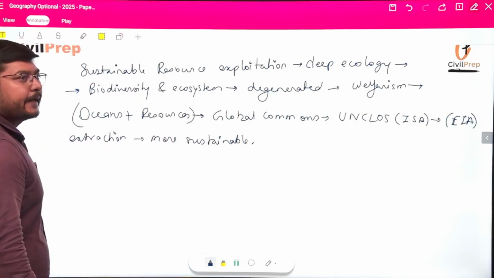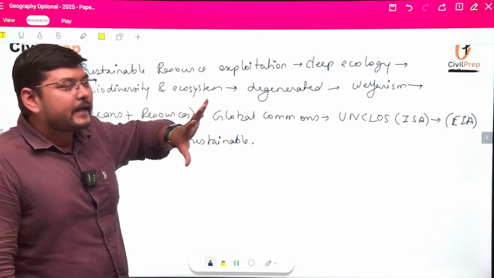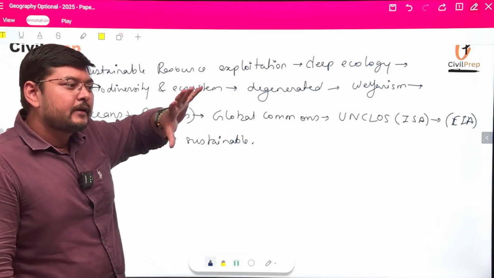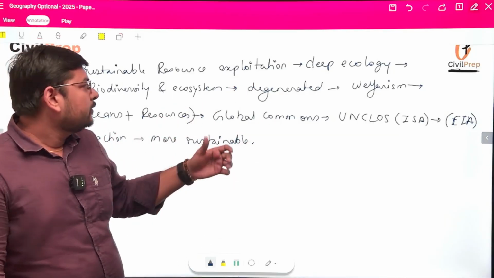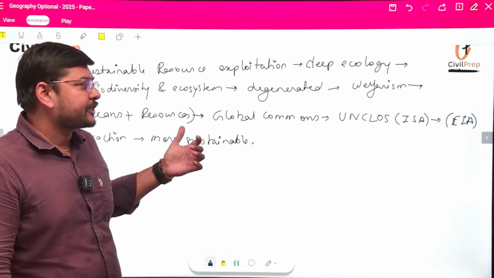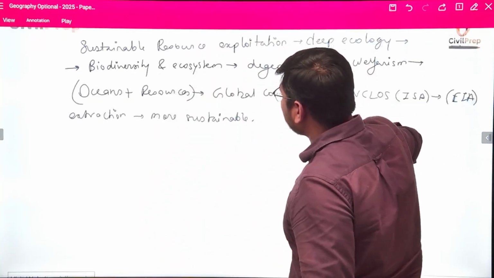So this point we can take up here from the perspective of this question. How we can take it up from the perspective of environmentalism, welfareism, the Marxian. These things we can add here for resource extraction at the deep ocean. So this is a question on deep ocean mining.